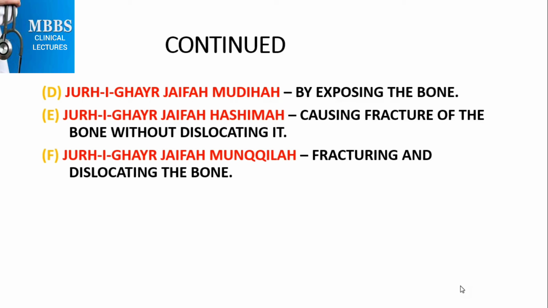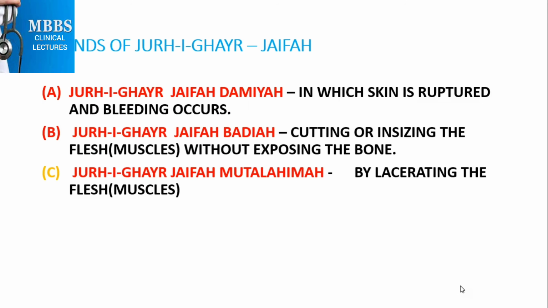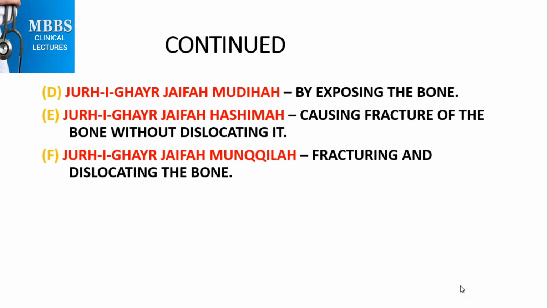So in Jara Ghair Jaifa, it will be Damiya, minor injury; Badiya, incised wound; Mutalahima, lacerated wound; Mudiha, underlying bone exposed; Hashmiya, fracture without dislocation; and Munakila, fracture with dislocation. So there are 6 types of hurts again in Jara Ghair Jaifa injuries.